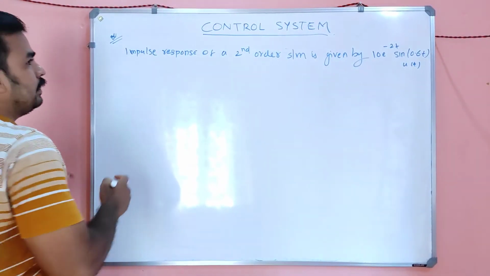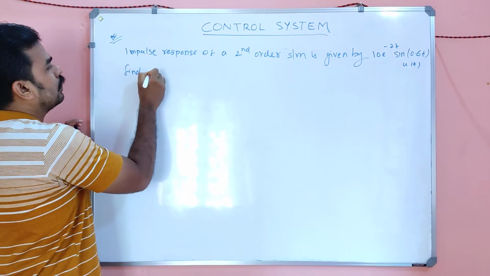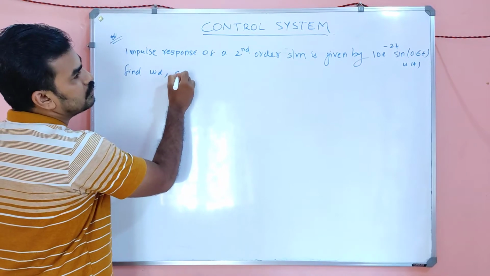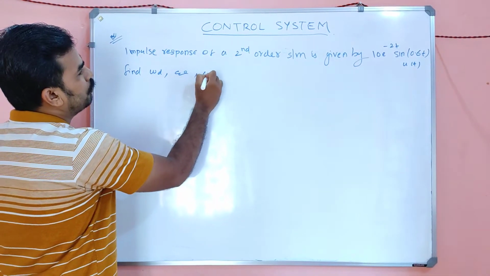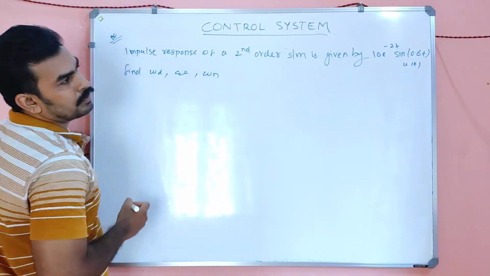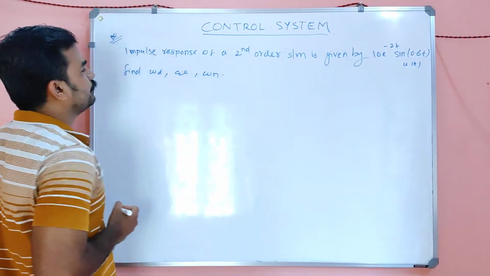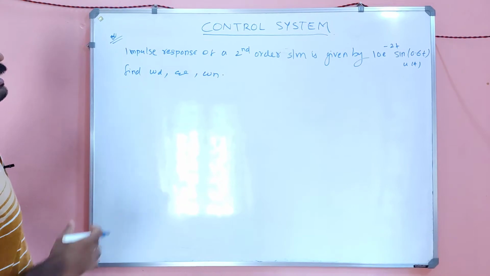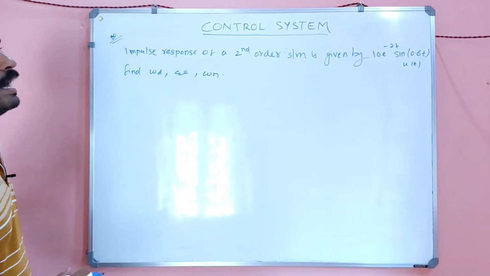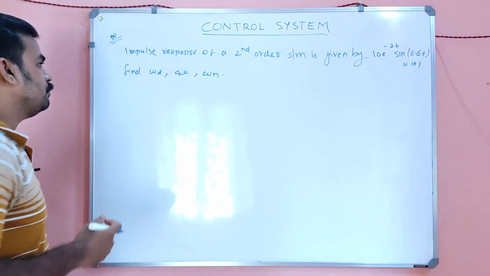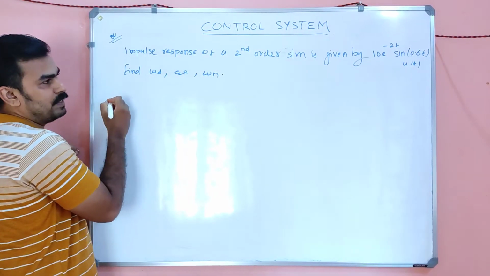Find omega d, theta, omega n. How can we find that? If you have an equation like this, my dear, you have to compare it with the output equation. What was our output equation?